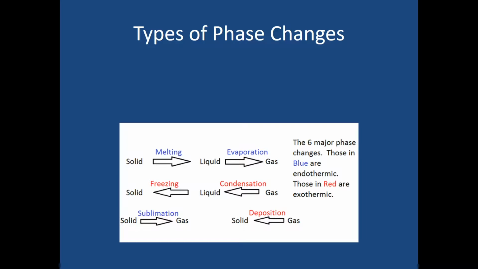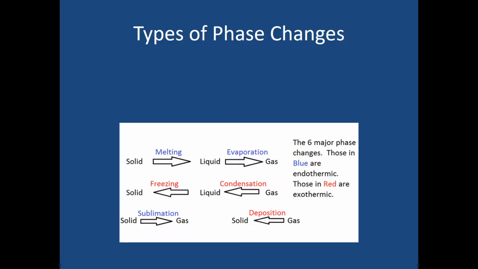If you're going from a solid to a liquid to a gas, melting then evaporating, this is endothermic. To go from a solid to a liquid, you need to absorb energy into the molecule, so into refers to endothermic.